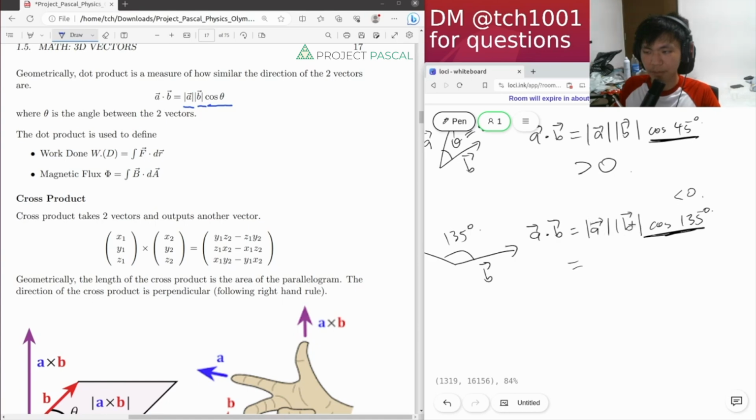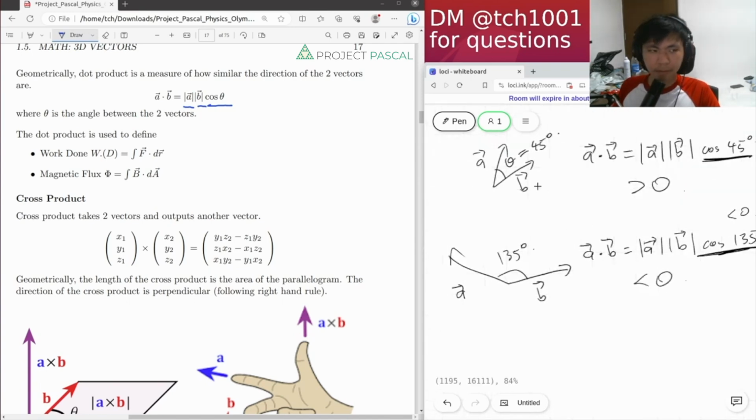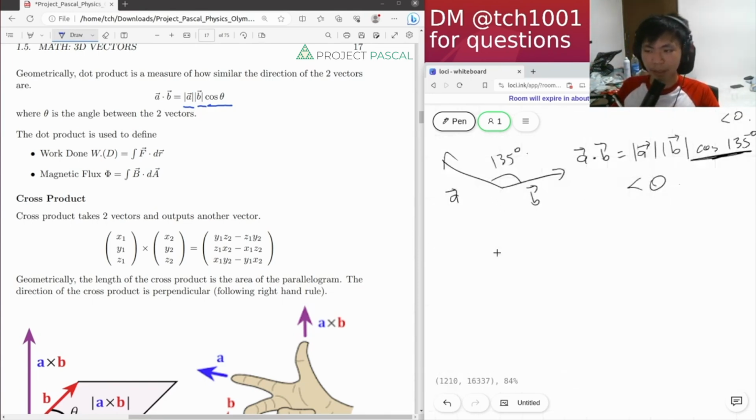So if I have a positive times a negative quantity, I'm going to get something that is overall negative. So you can see that first of all, the dot product is positive if the two vectors point in similar directions, and is negative if the two vectors point in roughly different directions. And where's the part where it's 0? The dot product of two vectors is 0 if the two vectors are precisely perpendicular, right?